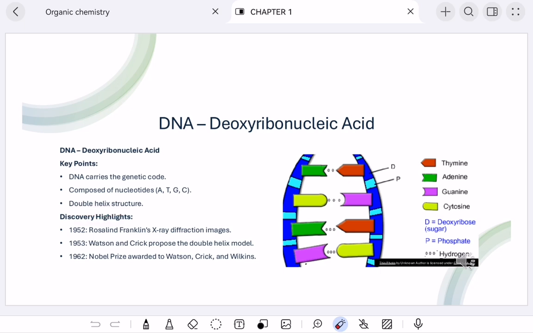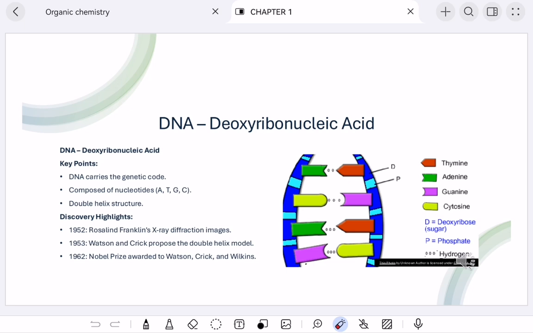Now let's talk about a brief history of DNA. In the history of DNA, Rosalind is the star, right? She was working with this wicked scientist called Wilkins.